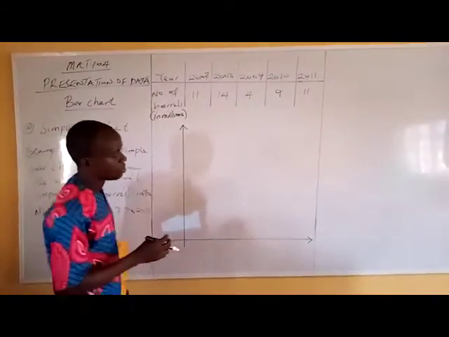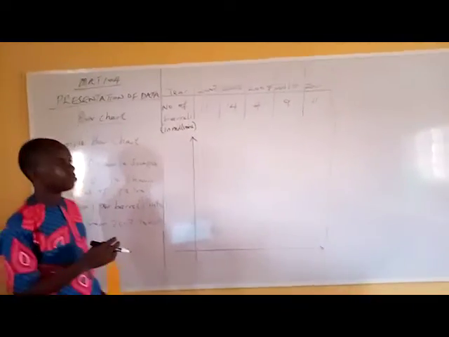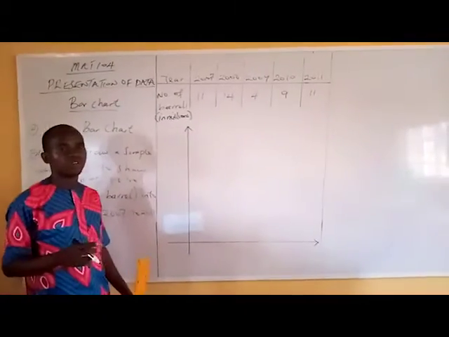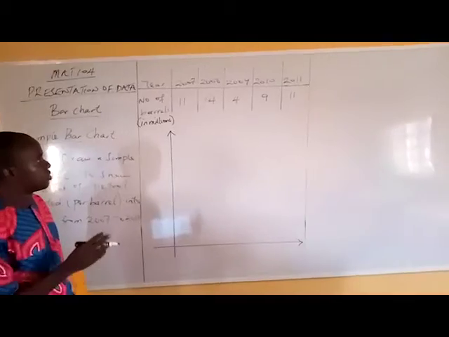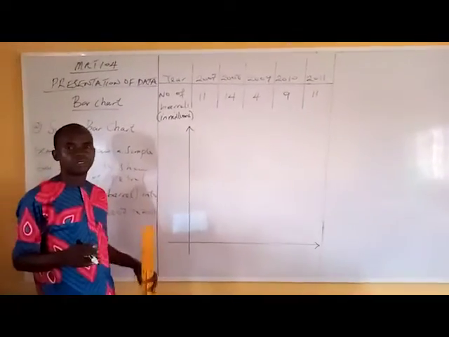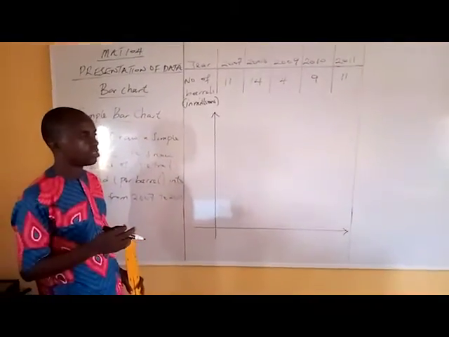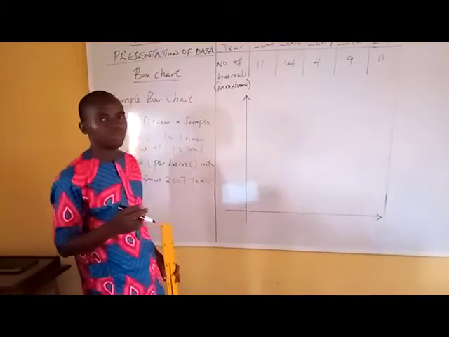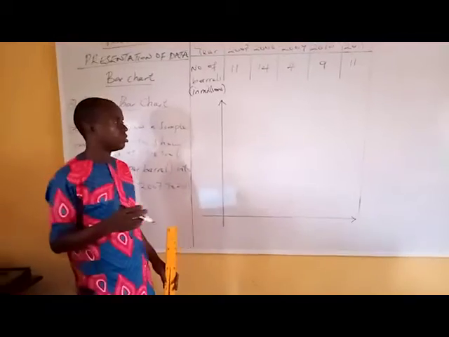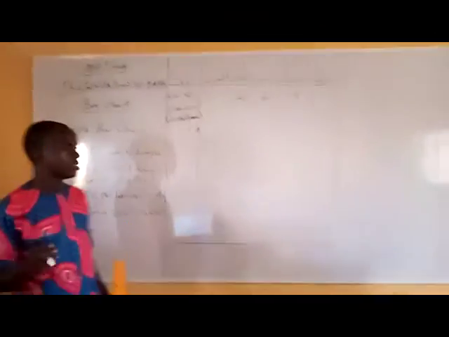It is better that we draw it in a graph book, but since the graph book is not available now, that's why I'm making use of this plain board. But to give us the accurate result that we need, it's better drawn using a graph board.